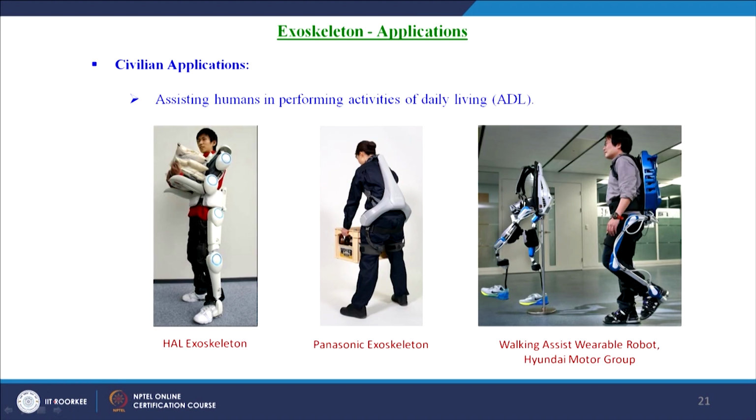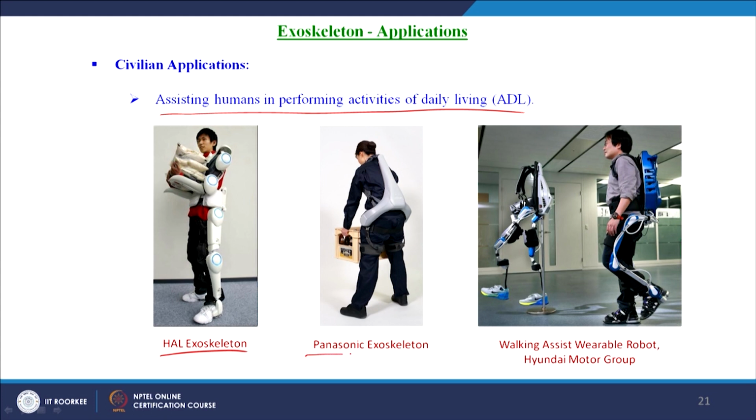Finally, the civilian applications. These exoskeletons are developed to assist humans in performing activities of daily living like lifting, walking, and performing personal tasks such as writing and opening knobs. The first one is the Hall exoskeleton, which is the hybrid assistive limb exoskeleton developed by a Japanese company, Cyberdyne.